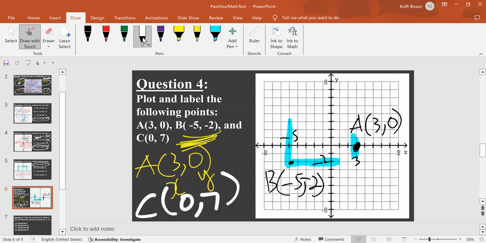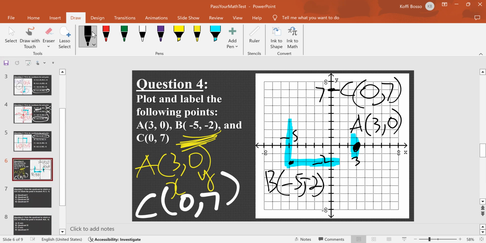So the y here is 7, and 7 on the y-axis will be somewhere here. So this is 7 here. So I have my point C with 0 for x and 7 for y. Let's continue.